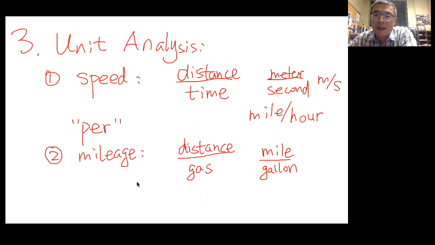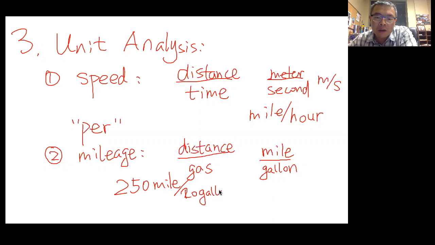Sometimes you get a different number from your car reading. Let's suppose you traveled 250 miles from the first filling to the second filling, and your tank has a volume of, let me make it easy, 20 gallons.